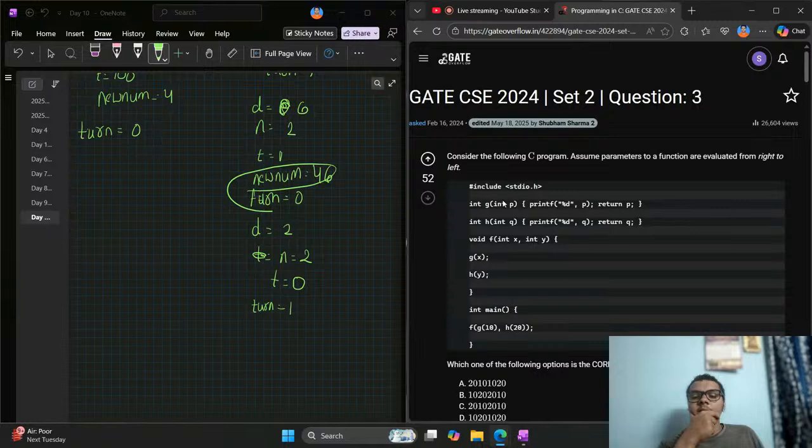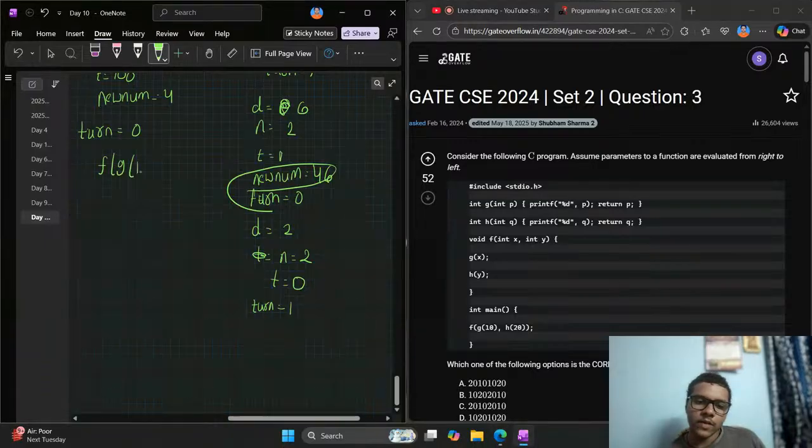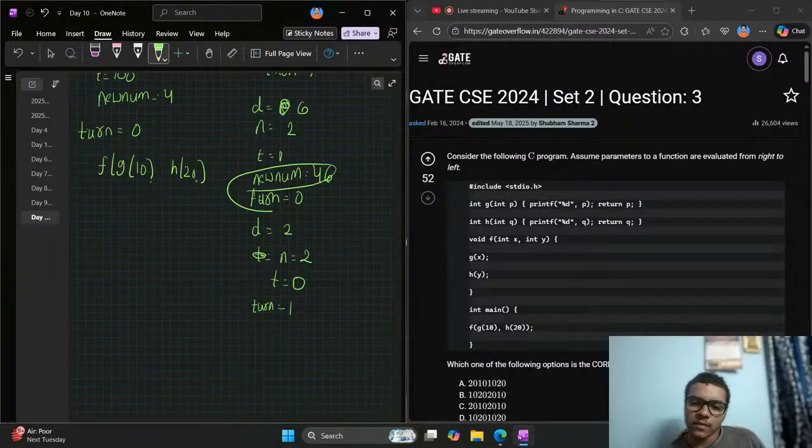G into P. So f of G of 10, H of 20. So G of 10 is called initially.